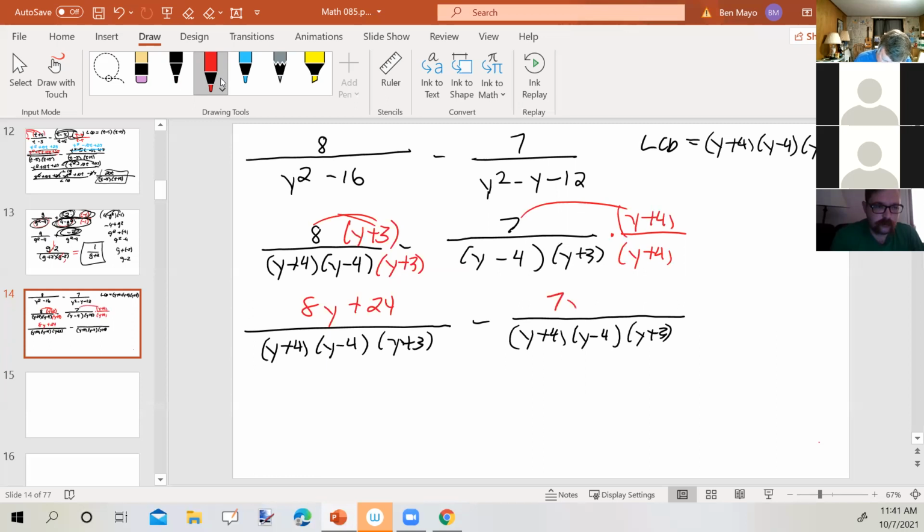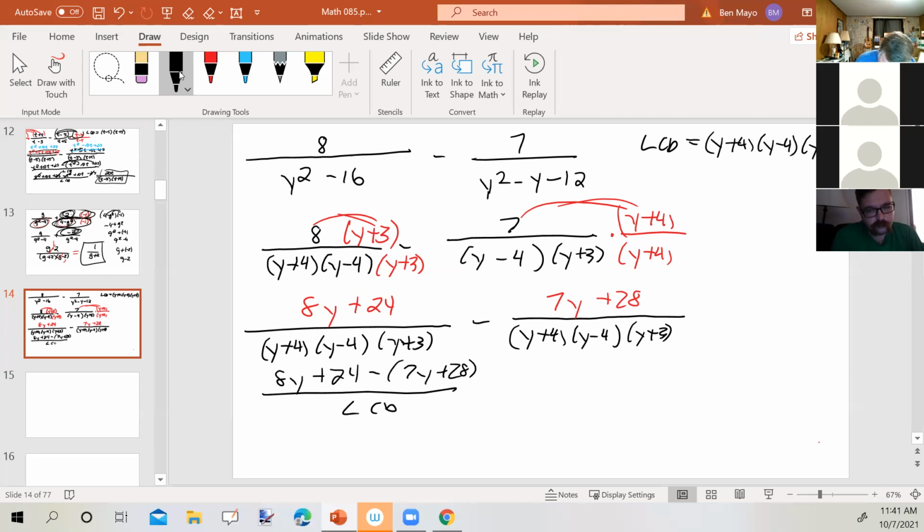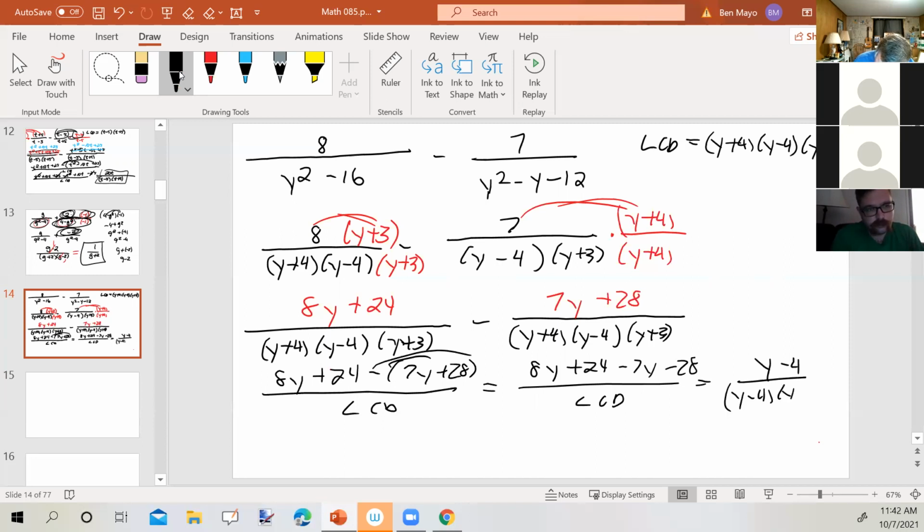So my new numerator is 7y plus 28. So far, so good? Yeah, that's what I got. Okay, so now I've got 8y plus 24 minus the quantity 7y plus 28, all over the LCD, which is y minus 4 times y plus 3 times y plus 4.